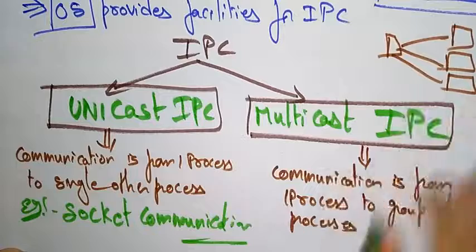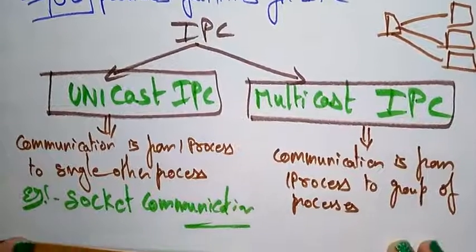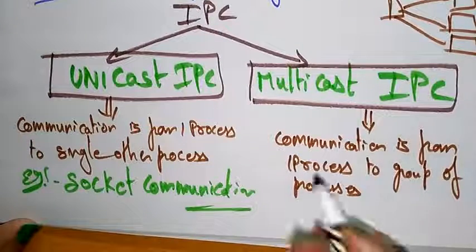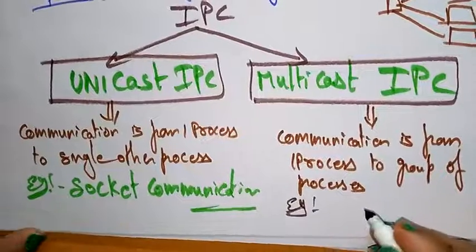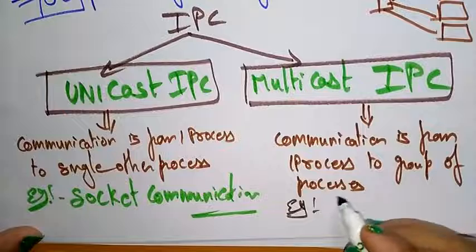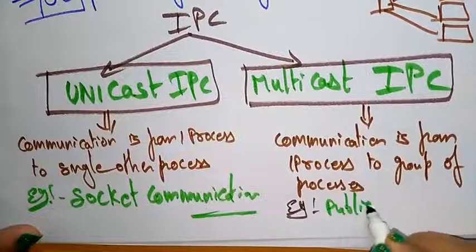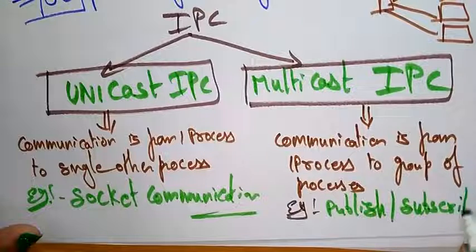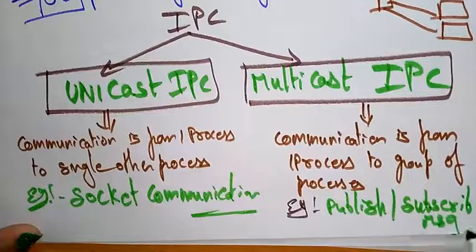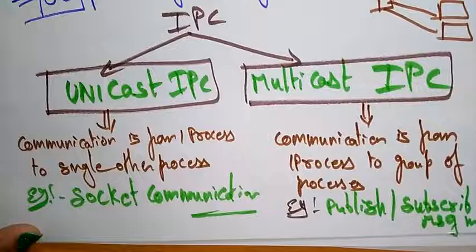This you call multicasting inter-process communication. The example for multicast inter-process communication is the publish or subscribe message model.